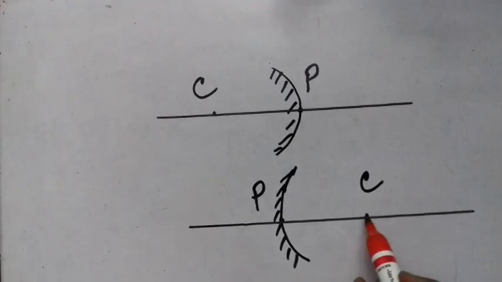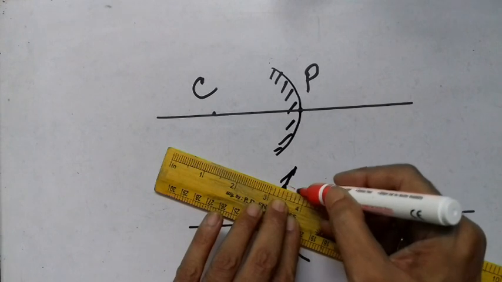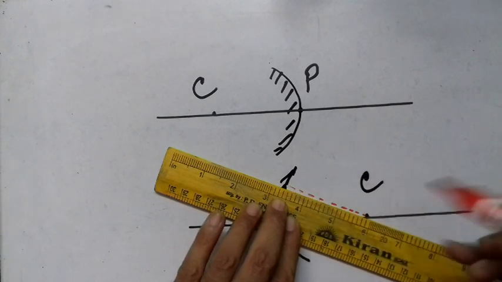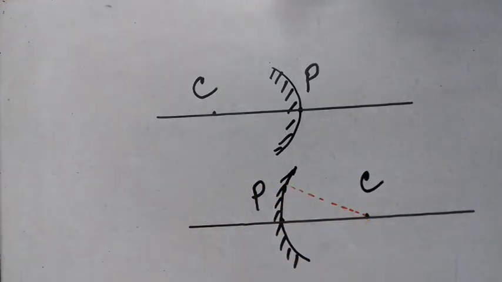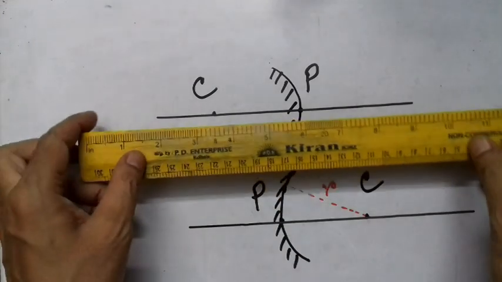The distance from the center to the curved surface is called the radius of curvature. Suppose here, this is called the radius of curvature and is denoted by small r. Here also we can draw.